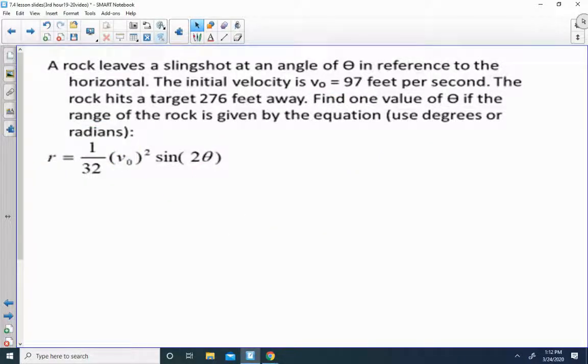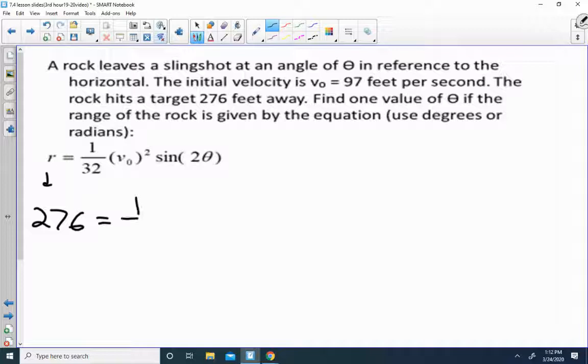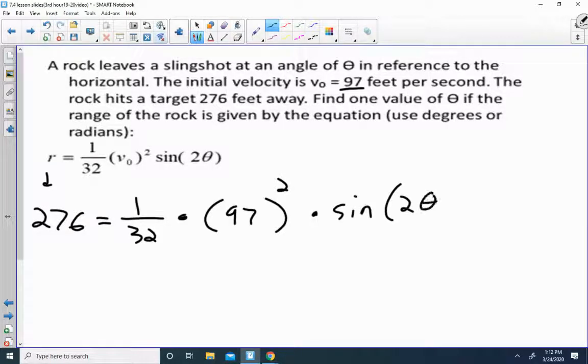All right, so let's plug in the information that we talked about. For the range, that's going to be 276. And then we're going to do 1 over 32, multiplied by the velocity squared, where our velocity is going to be 97. And then all this is going to be multiplied by sine of 2 theta. Okay, so let's take this one step at a time.